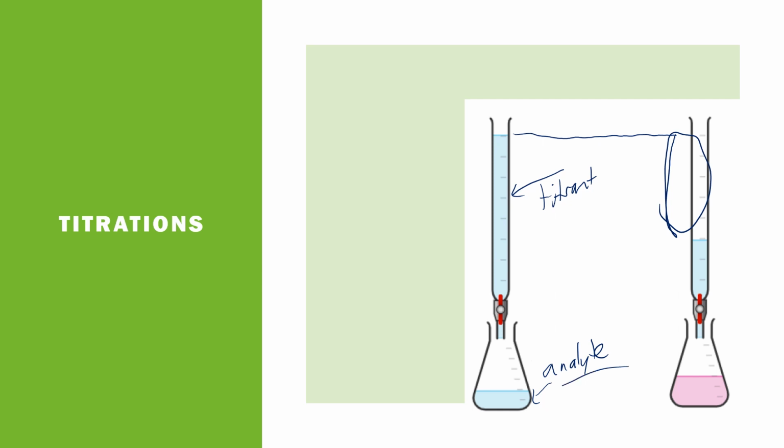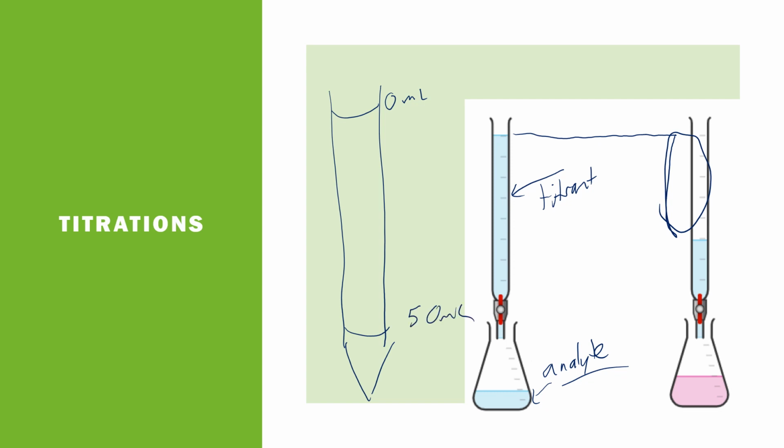Typically, burettes are labeled upside down. So this is your burette. I'm just drawing it a little bigger. So you'll have 0 milliliters at the top, and if it's a 50 milliliter burette, you'll have the 50 milliliters at the bottom. And so that way, if you filled it all the way up to the top, that means you haven't added anything yet to your analyte.